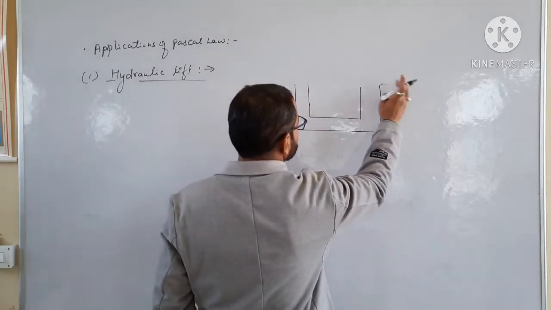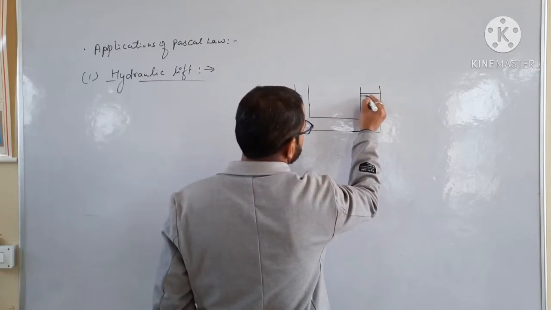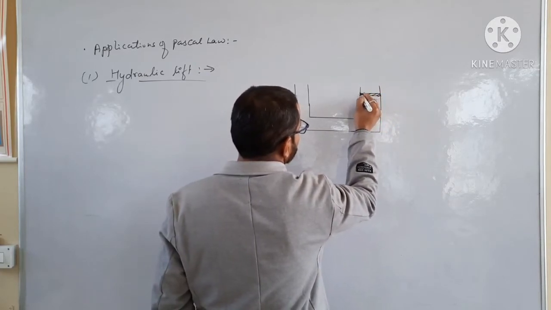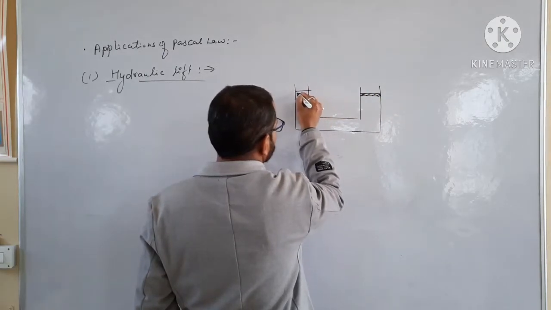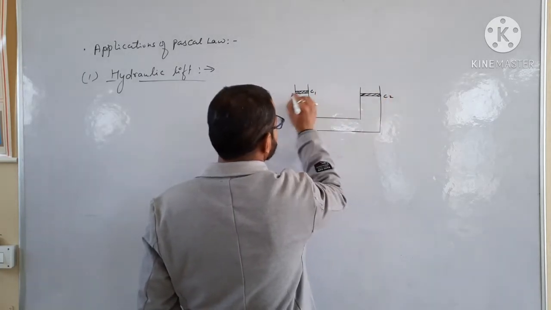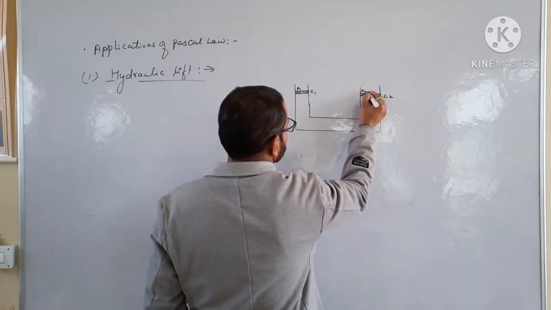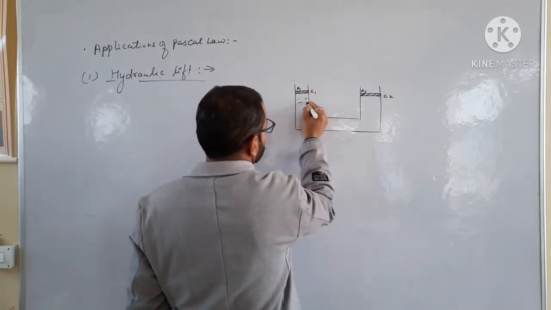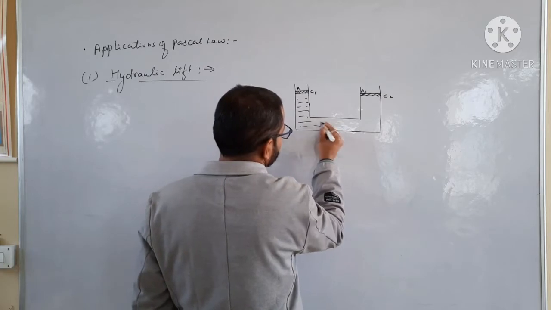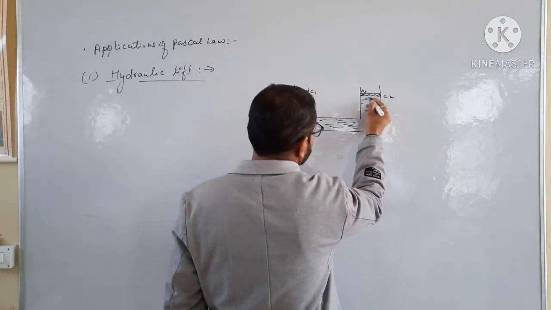We have two cross section areas here, which are connected with two cylinders C1 and C2, and their cross section areas are A1 and A2, and inside this pipe liquid is filled. Point clear?